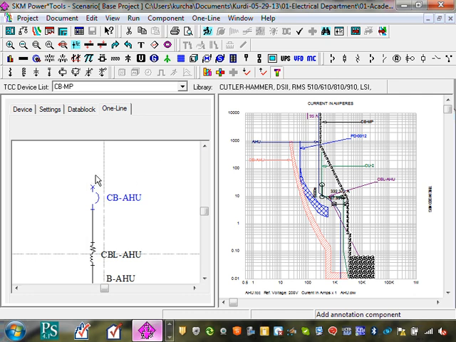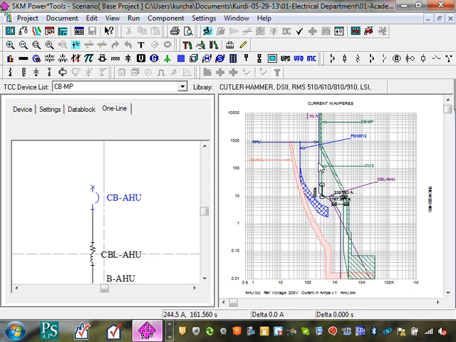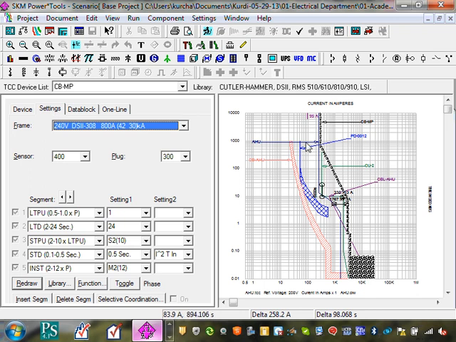You need to coordinate between the overcurrent protection device that feeds the whole building and the circuit breaker that feeds the air handling unit. Here's my main circuit breaker. I have a 400 amp adjustable circuit breaker to protect my air handling unit.